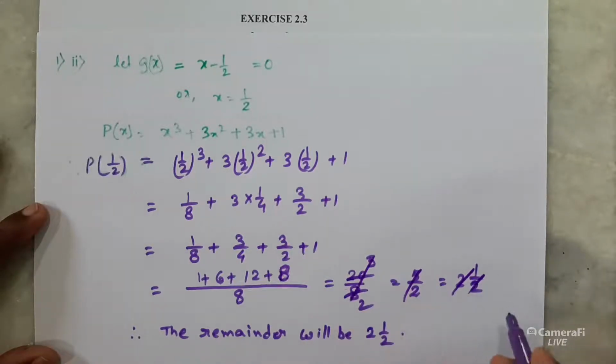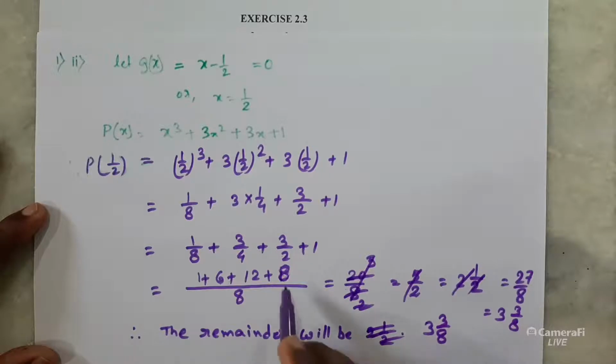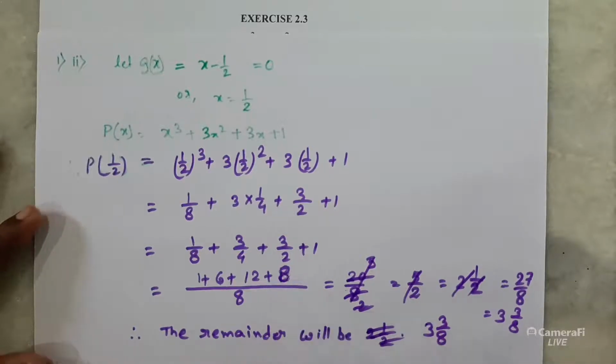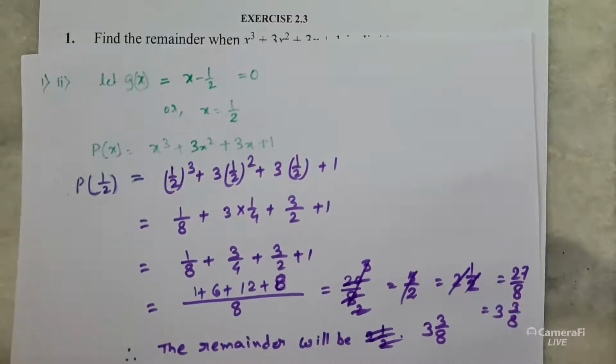It will be 27 by 8, which equals 3 and 3 by 8. I made a mistake, students, very sorry for that. 3 and 3 by 8 will be the answer.